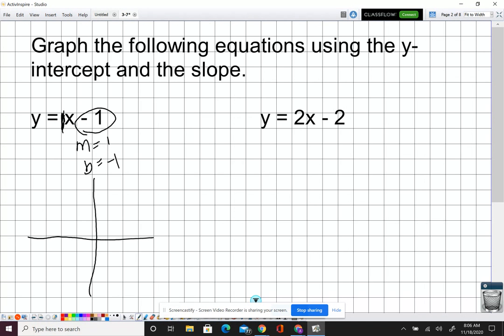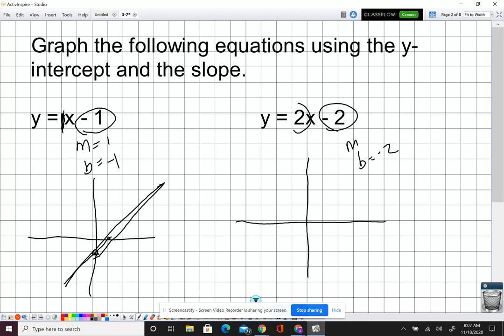So when we graph it, we have a y-intercept of -1 and a slope of 1, so up 1 over 1. And there's our line. Here, this one has a y-intercept of -2 and a slope of +2. So it crosses at -2, and then we're going up 2 and over 1.